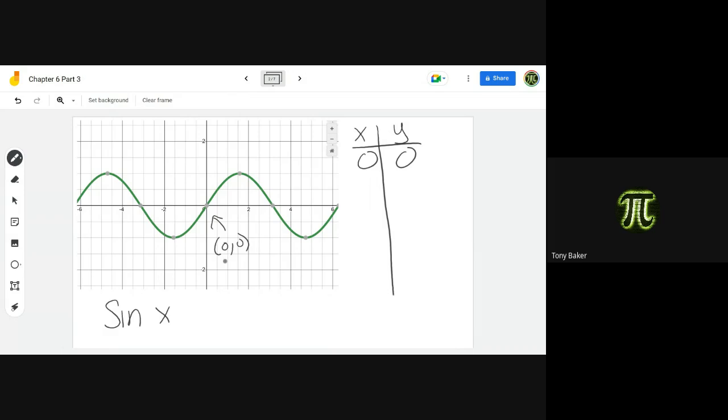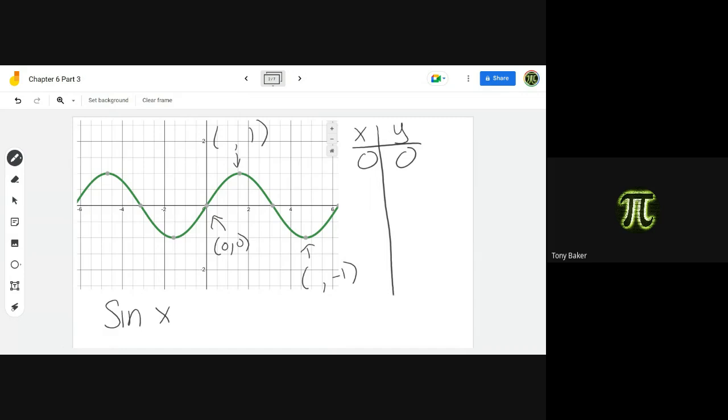What's another thing you notice about sine? Yeah. The lowest point right here is -1, and the highest point right here is 1.